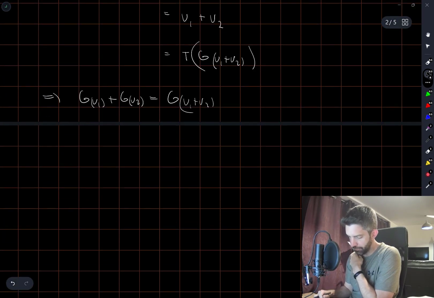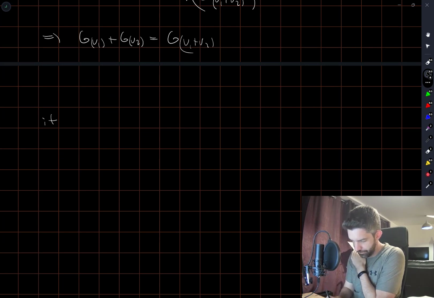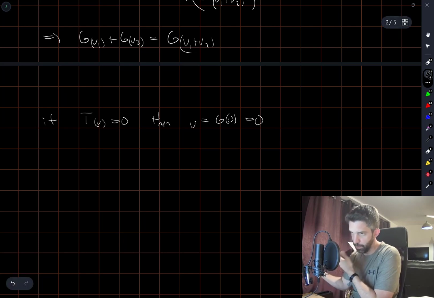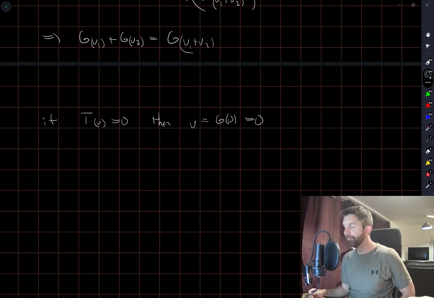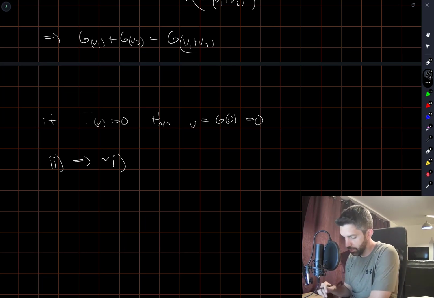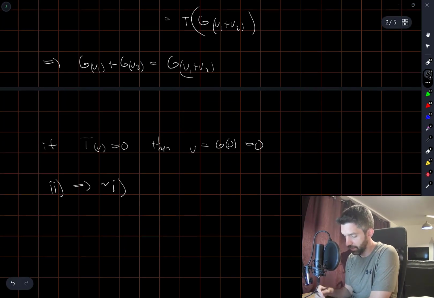This says that if T of v is equal to 0, then v is equal to g of 0, which is equal to 0, which says that property 1 cannot be true. So I have property 2 implies the negation of property 1, which is what I wanted.